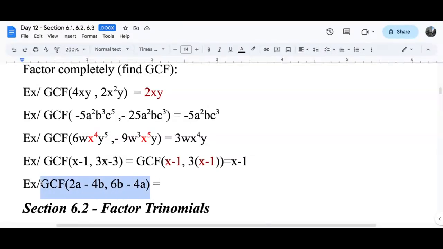We can rewrite. The first one we can write as 2 times a minus 2b, because we see 2 is a common factor. Oh, hold on, that's not what I want.